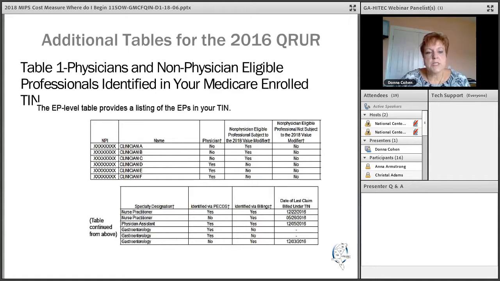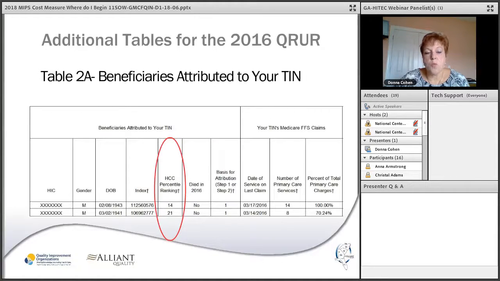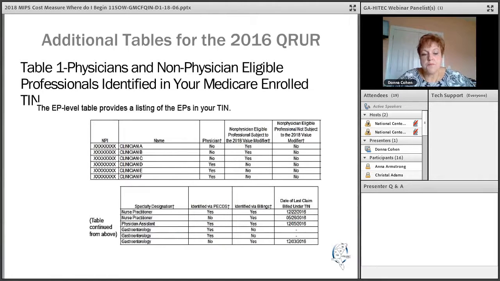It tells the clinician's NPI, their name, whether or not they are a clinician, whether or not they were eligible to or subject to the 2018 Value Modifier, as well as what type of clinician they were, and then how that information was verified, whether it was from PECOS or from your billing data, and then the last claim billed under that TIN.